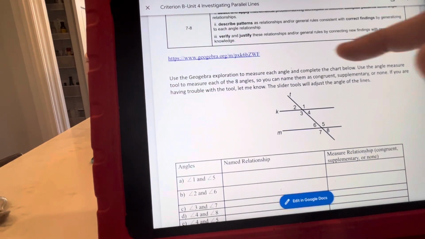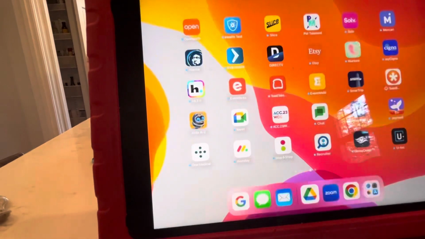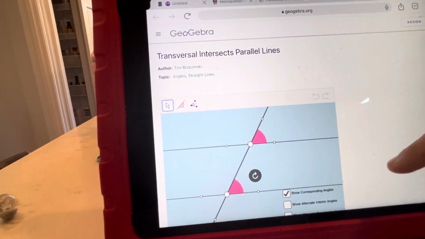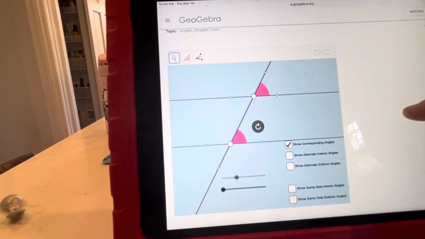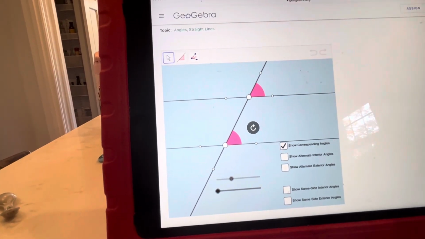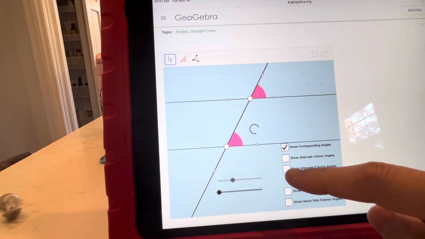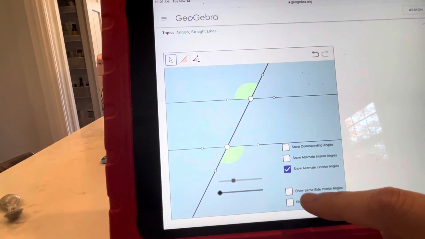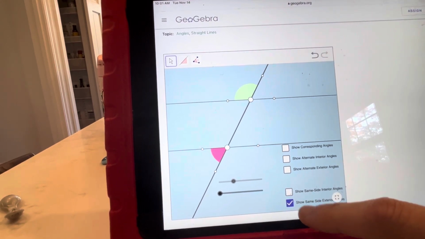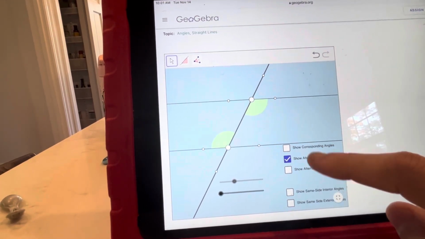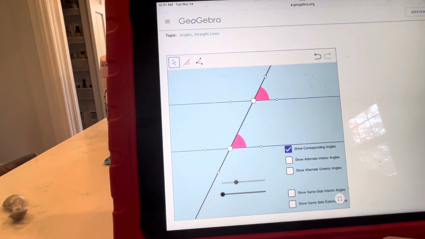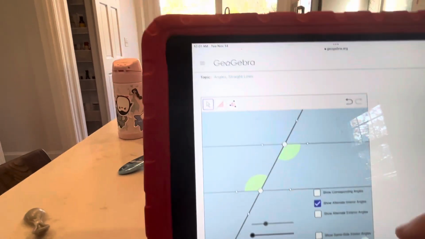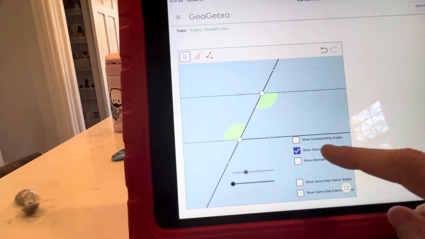All right. Now, if we click on that GeoGebra, oops, and I did that earlier just to make this quicker, it should come up and look exactly like this. And we can click through and it will show us alternate interior, alternate exterior, same side interior, same side exterior. So all the different angles that we've talked about.